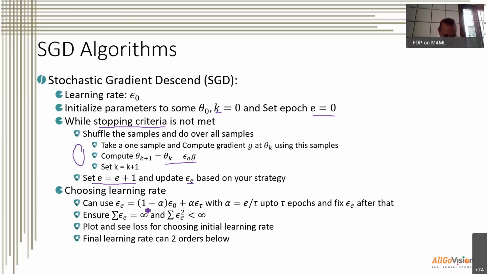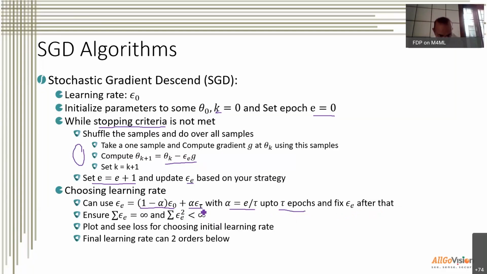We can use epsilon e as (1 minus alpha) times epsilon 0 plus alpha times epsilon tau, where alpha is e by tau, up to some tau epochs, and after that we fix epsilon e. There is a minor error here: you should read this as alpha times epsilon tau.